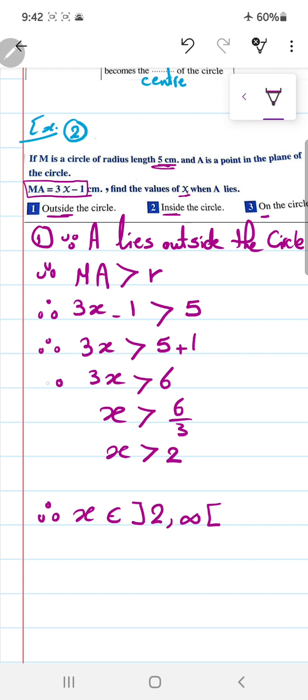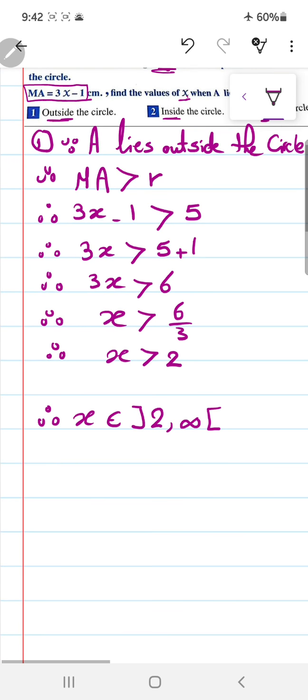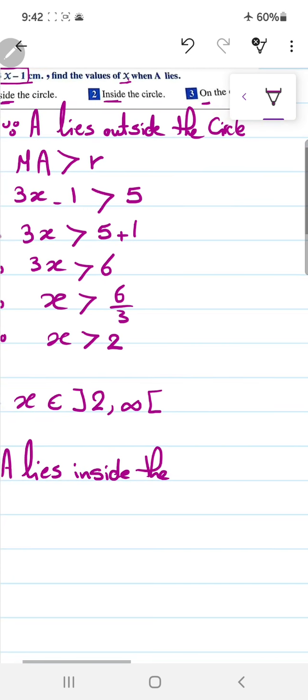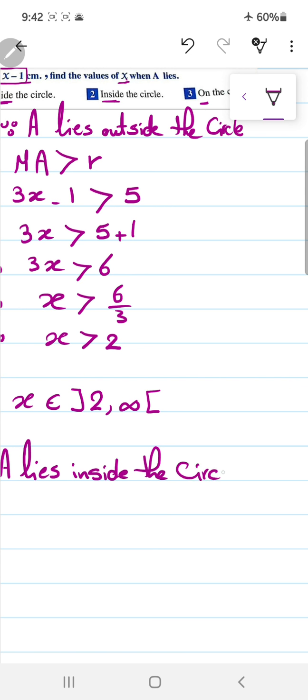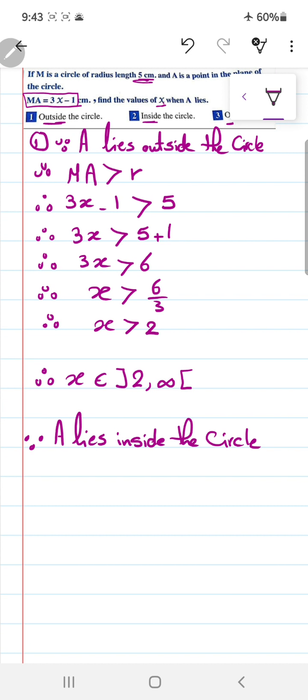Number 2, inside the circle. Since A lies inside the circle, we have MA smaller than R. Also by substitution, MA is 3x minus 1.